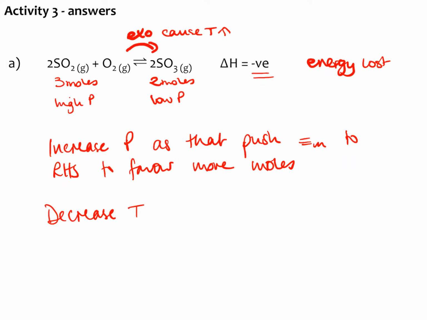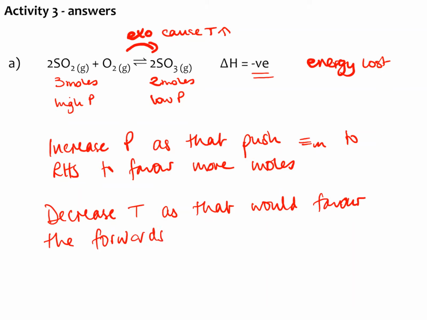So we would decrease the temperature of the reaction, as that would cause the reaction to favour the forwards reaction, to increase the temperature again. So we have, for this first one, an increase in P and a decrease in temperature.